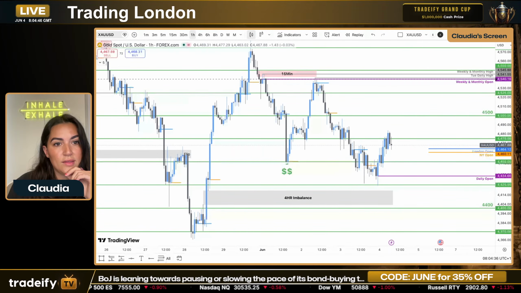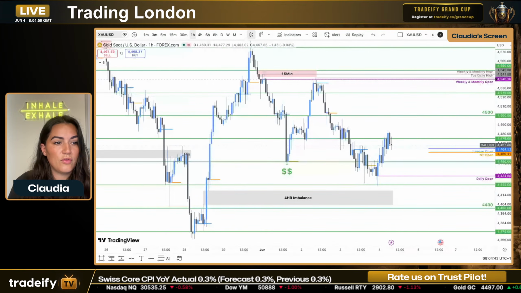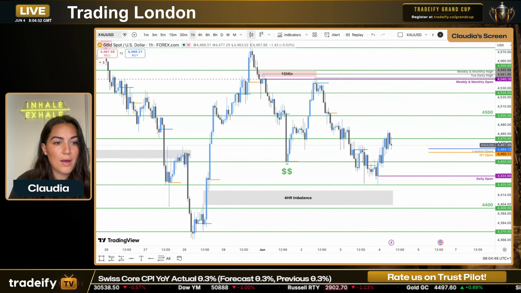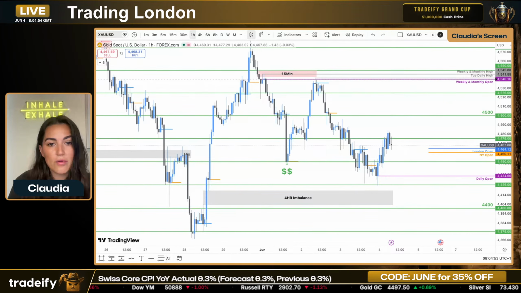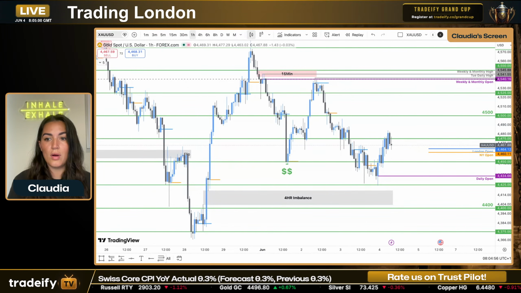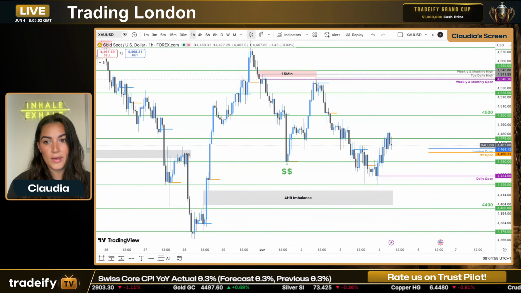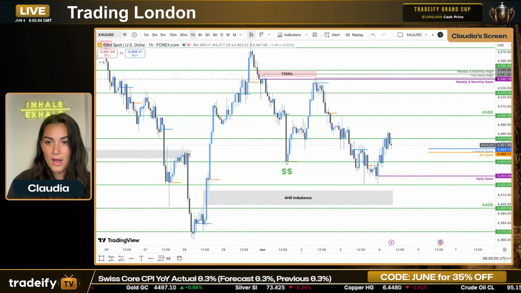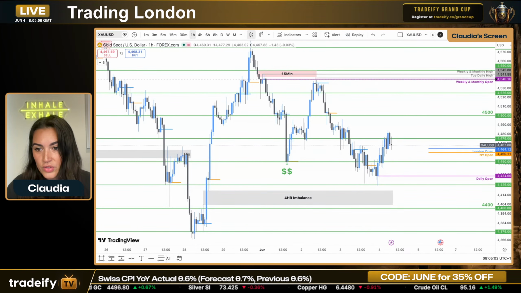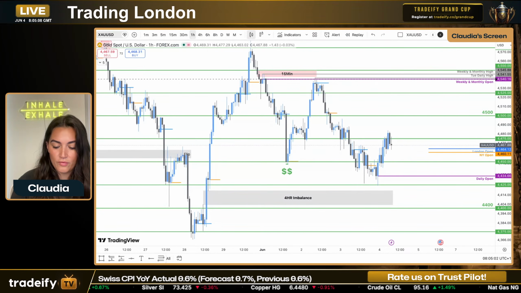So the first thing I do, if you've got a brand new clean chart on gold, is grab the horizontal line and start marking up quarter levels. I like to make these green just so they stand out a bit. What I mean by quarter level is every 25 points. So that would be, where are we at? 4494. So 4475. And then I'll just lock that.